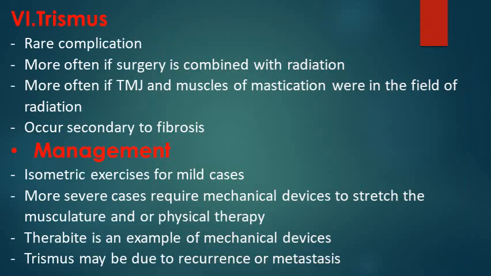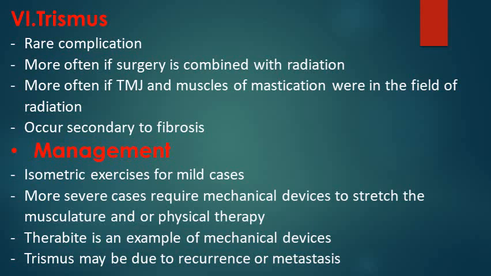Trismus is a rare complication, more often if surgery is combined with radiation, and more often if the TMJ and muscles of mastication were in the field of radiation. It is due to fibrosis that occurs in the masticatory muscles. Management: isometric exercise for mild cases.